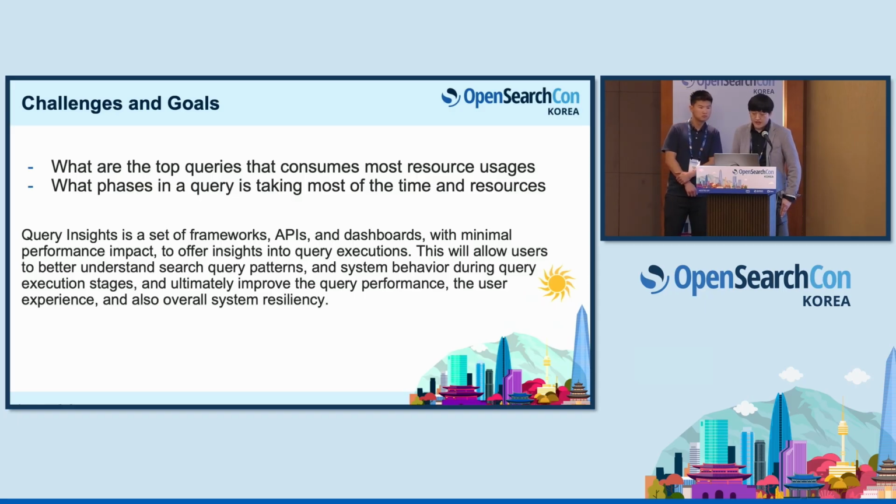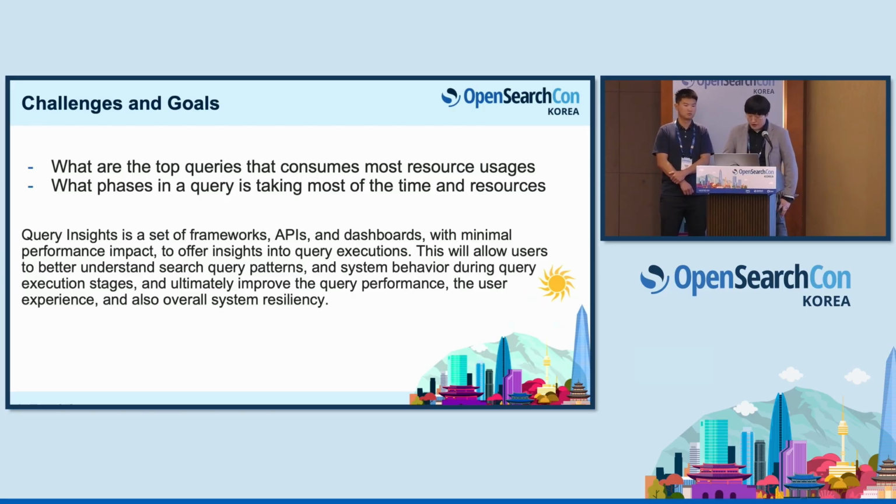So yeah, that's the core problem we are solving with Query Insights. We are building a comprehensive framework to capture detailed metrics at every stage of query execution. And then we asynchronously process these metrics and group similar metrics together to identify patterns, and then surface these patterns and metrics through APIs and dashboards.